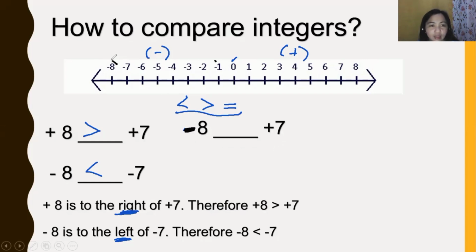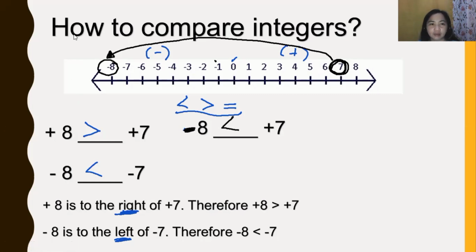Kung negative 8, nandito siya. At ang positive 7 ay nandito. So, si negative 8, nasaan ba siya? Nasa left or nasa right? So, nasa left siya ng positive 7. Therefore, kapag nasa left siya, it is less than. Negative 8 is less than. Kung sino yung nasa left, siyang mas mababa.